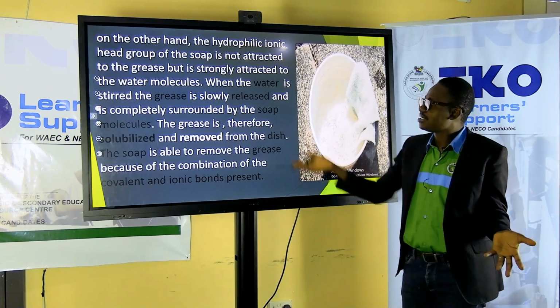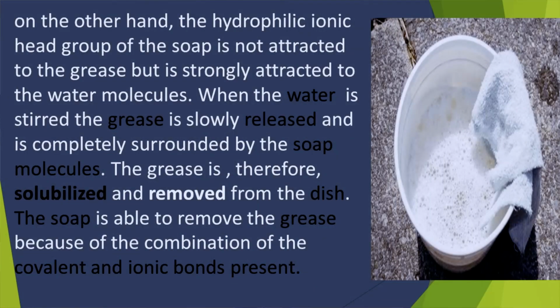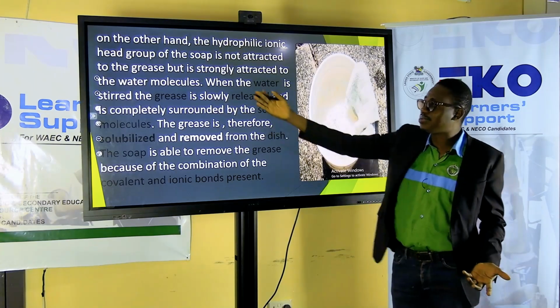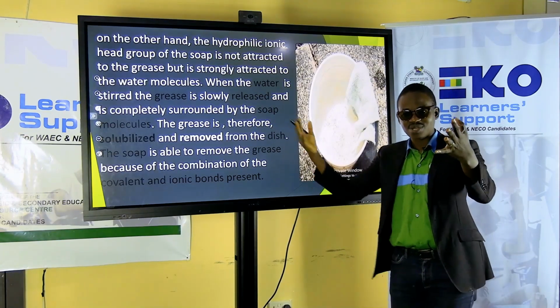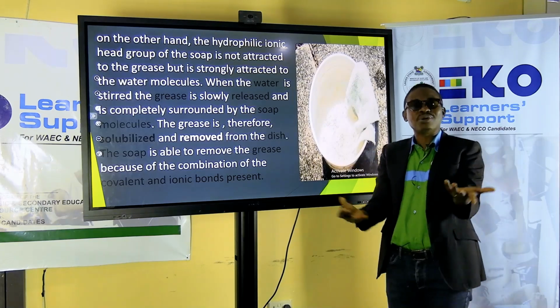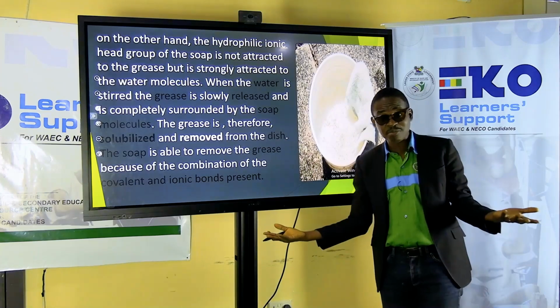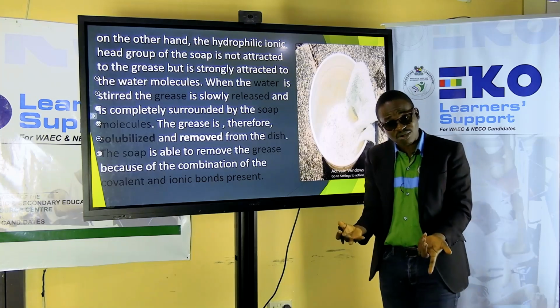But the grease is strongly attracted to the tail. The head is strongly attracted to the water molecules. Why? Because the water molecule too is polar. So a polar will attract polar molecules, and non-polar molecules will attract non-polar molecules. So which one is the non-polar molecule? The grease will be attracted to the tail of the soap. And what's the tail called?